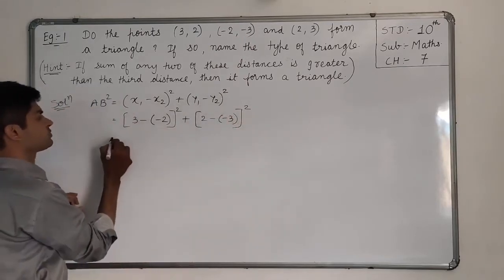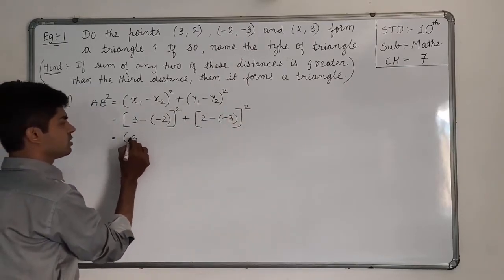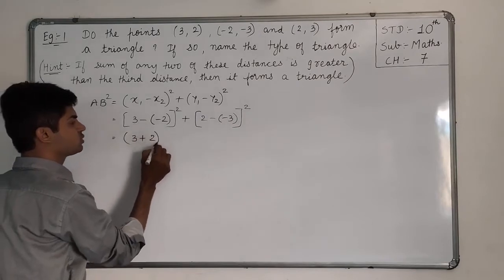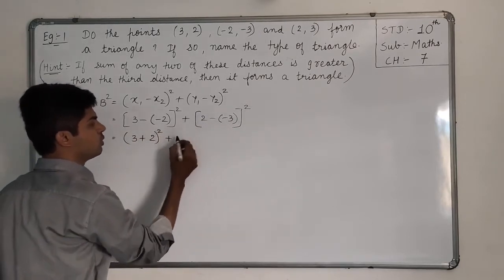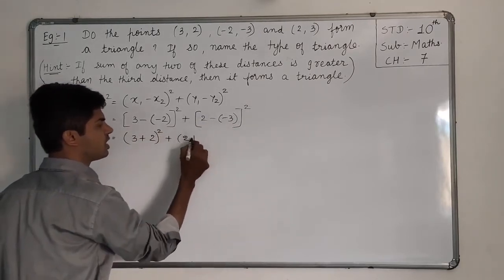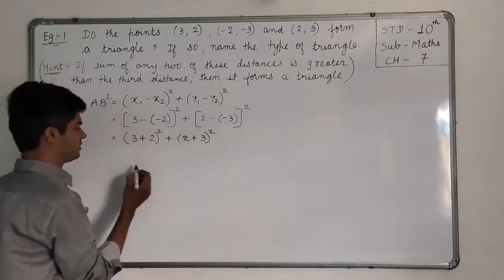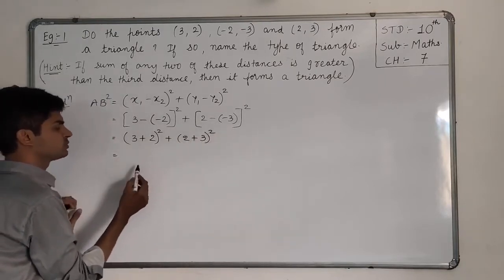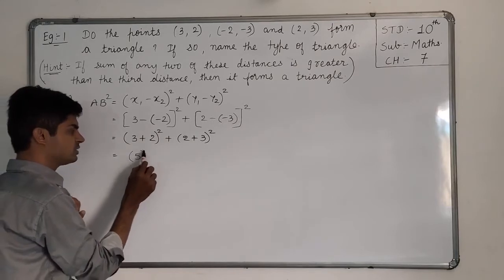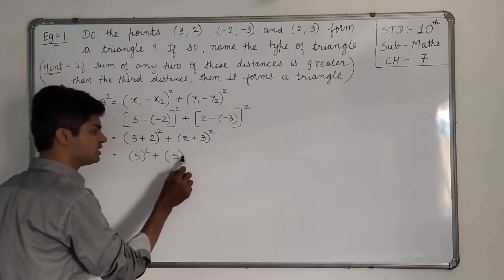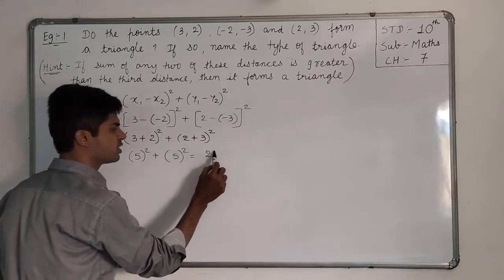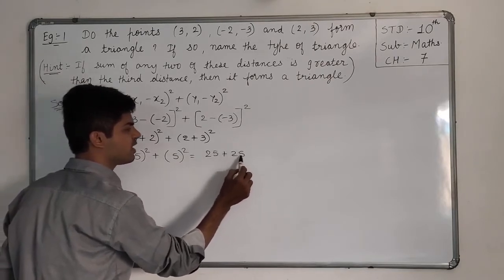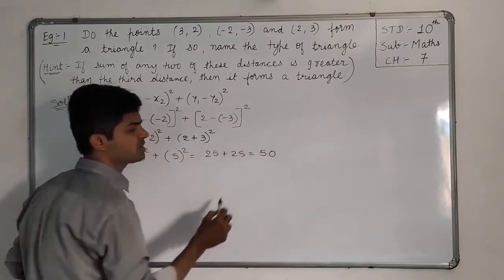Let us solve this. 3 minus minus is plus 2, square, plus 2 minus minus is plus 3, whole square. 3 plus 2 obviously 5 whole square plus 5 square, 25 plus 25, it will be 50.